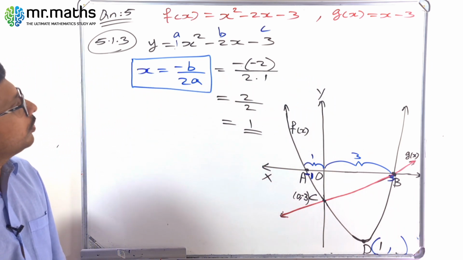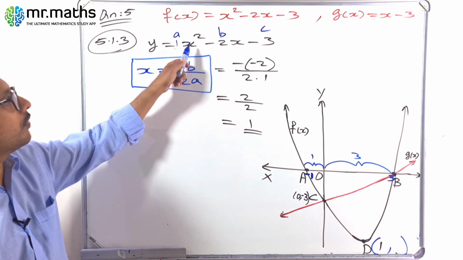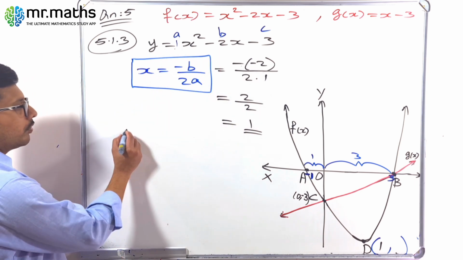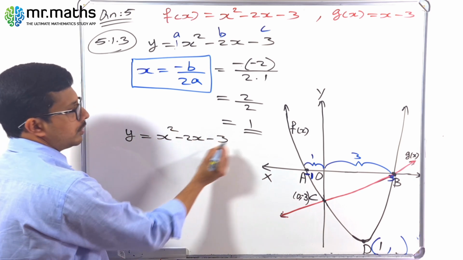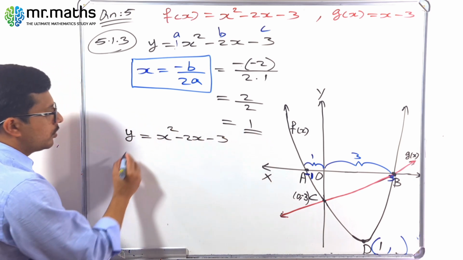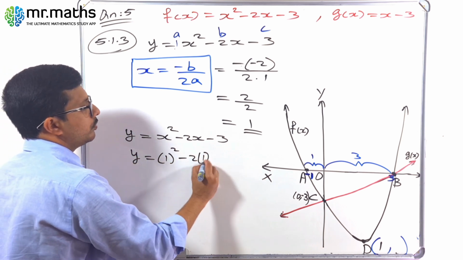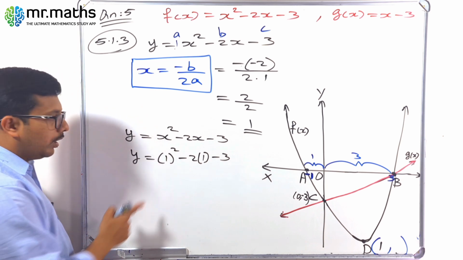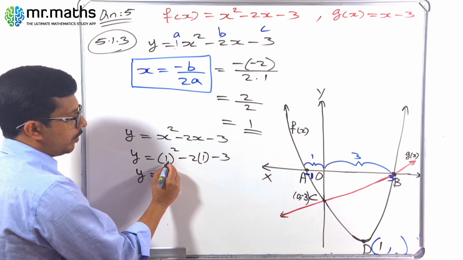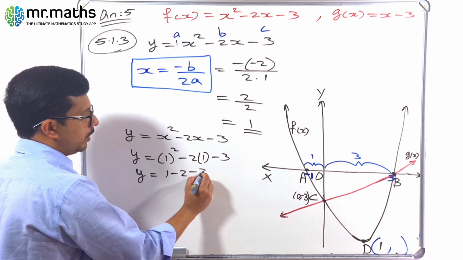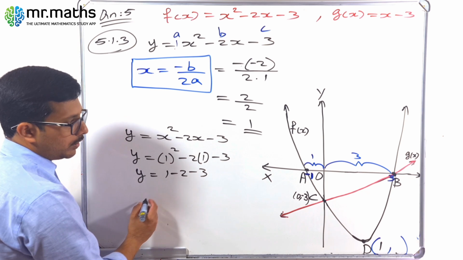Now what is the y value? How can you find the y value? You substitute this x value 1 into the equation again. Our equation is y is equal to x squared minus 2x minus 3. Substitute the x value as 1. So y is equal to 1 squared minus 2 into 1 minus 3. 1 minus 2 is minus 1, minus 1 minus 3 is minus 4.